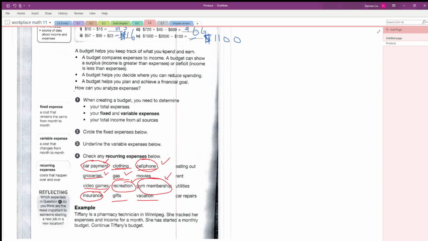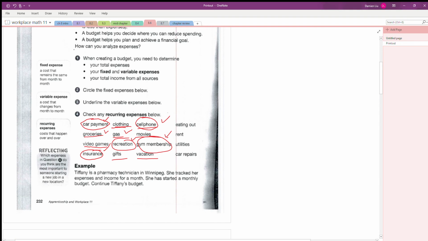Reflecting, which expenses in question 4 do you think are the most important to someone starting a new job in a new location? Oh, good question. So, depending on your situation, yes, for sure, your costs will change. If you're moving to a new place with a new job, certain things are going to be more expensive because you may not have certain things there.